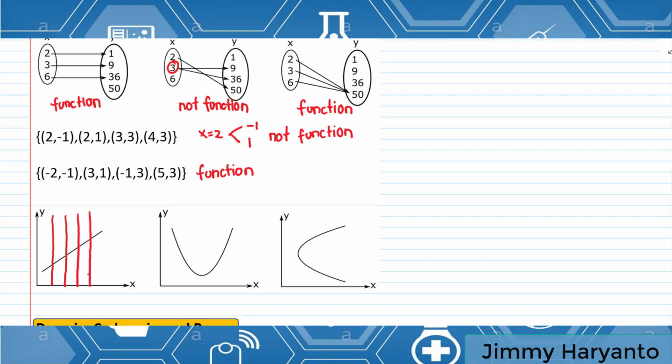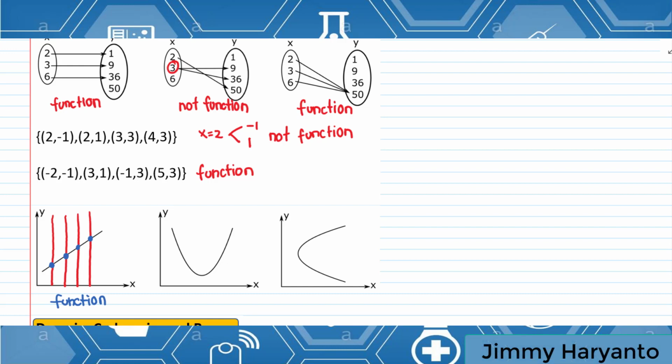If each of the vertical line intersect the graph once, right here, once, then it is a function. So we can tell that this one is a function, yeah.